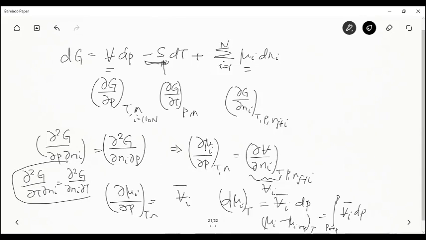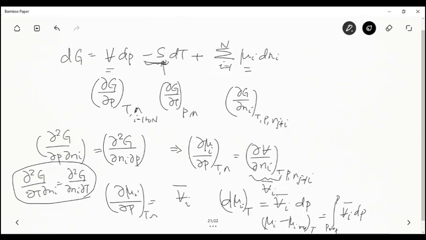This is del by del n_i of minus S. Okay, so the negative sign, take note. This is del S by del n_i at constant temperature, pressure, and n_j, and therefore that becomes the partial molar entropy.